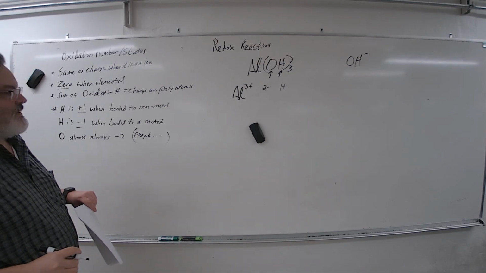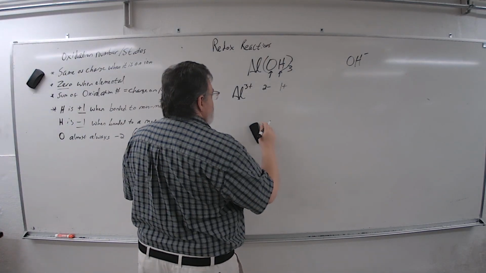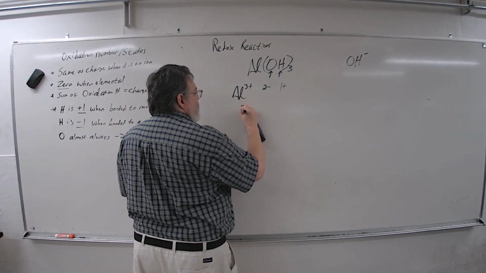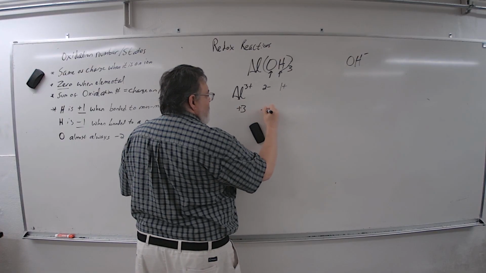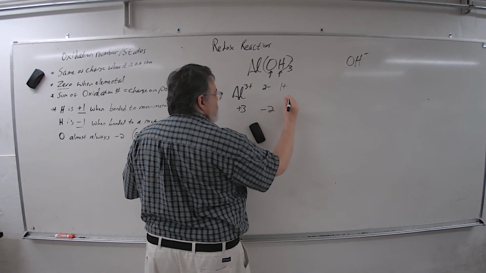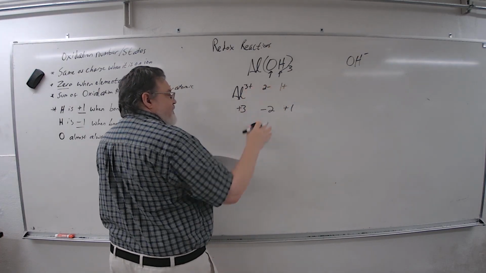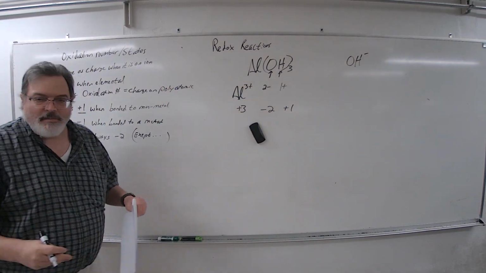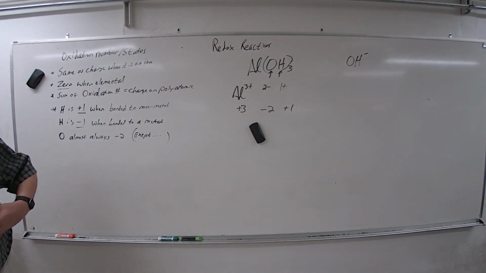I think by convention, when we start talking about oxidation numbers, we start going +3 and -2 and +1 instead of putting the sign on the other side. I just kind of mix and match as I go, but you know what I mean. If I put +3 or 3 plus, I mean the same thing.